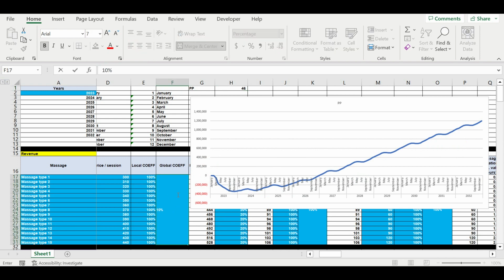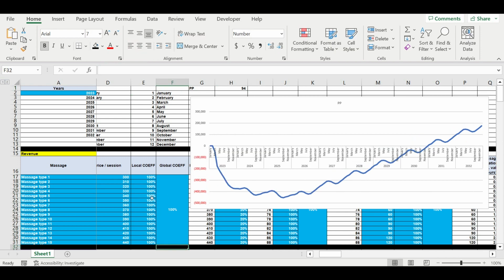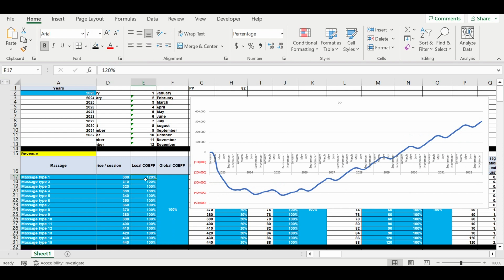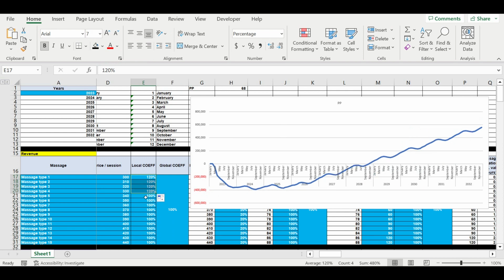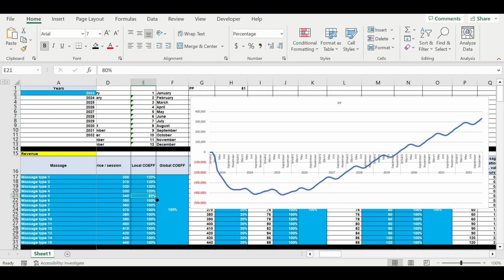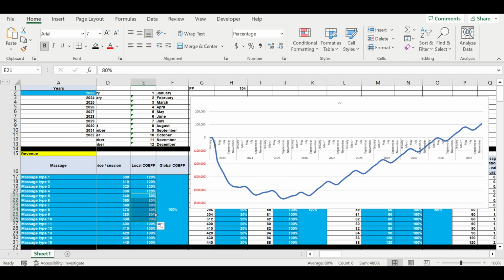We can, for example, play with pricing for specific massage services. We can increase the prices for this type of massage by 20% and take, for example, only 80% of these services, and see what will happen with the simple payback period here.